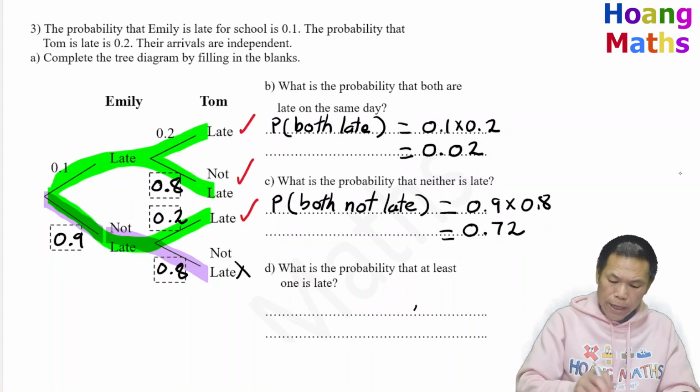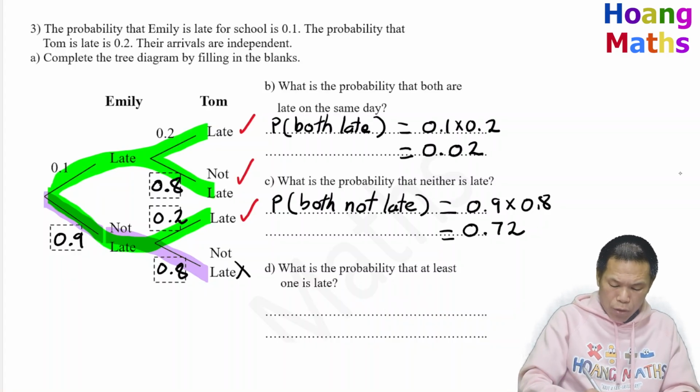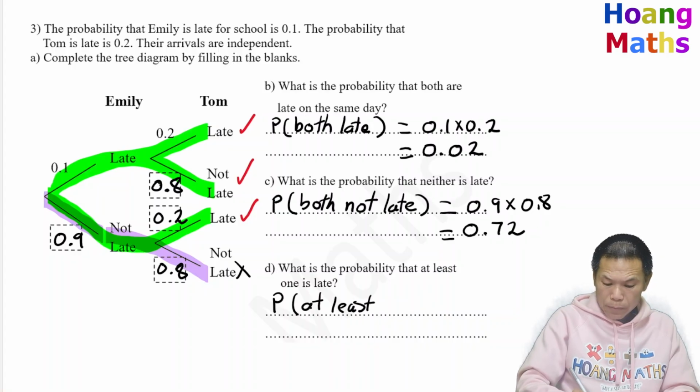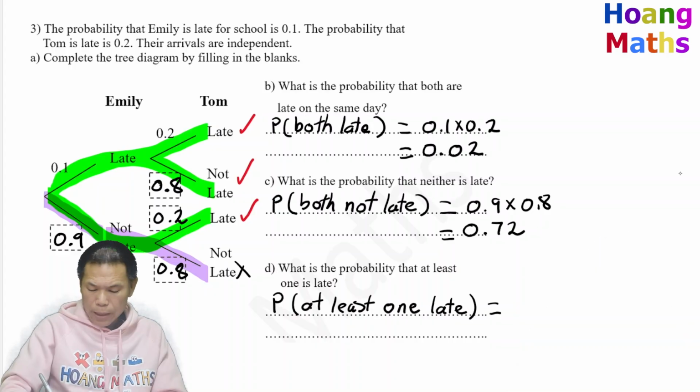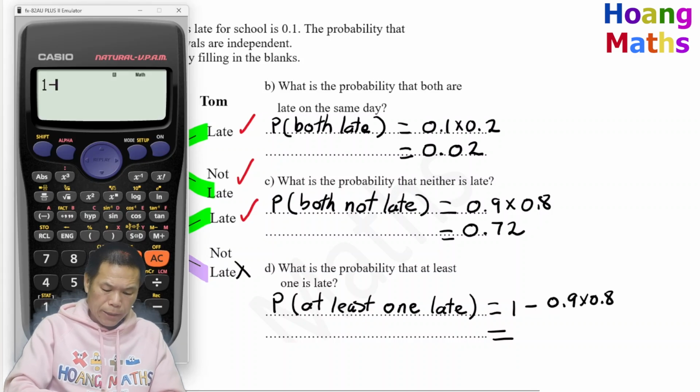So let me just write it out properly. So probability at least one late. So that is 1 minus 0.9 times 0.8. So I'll just go 1 minus 0.72.